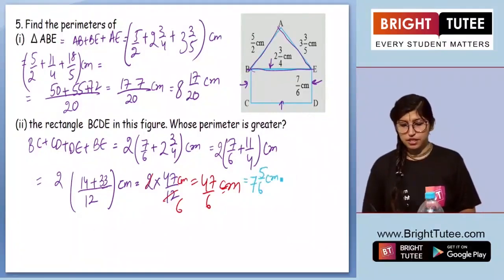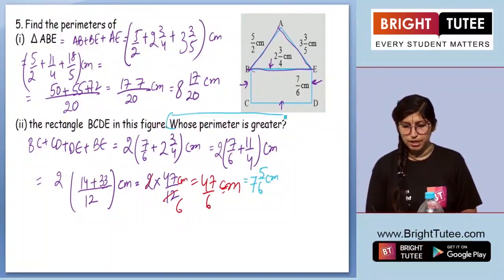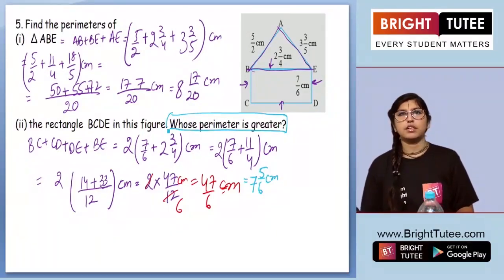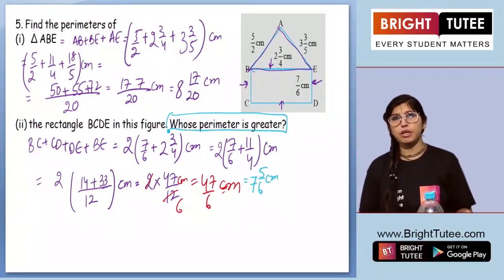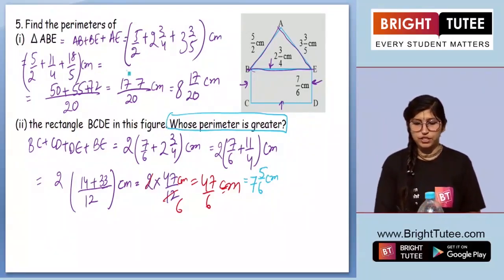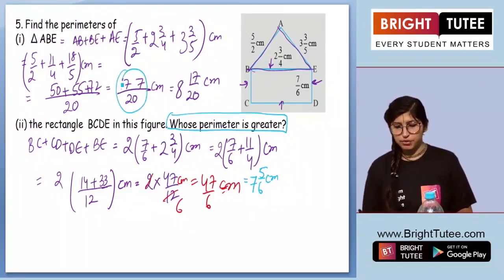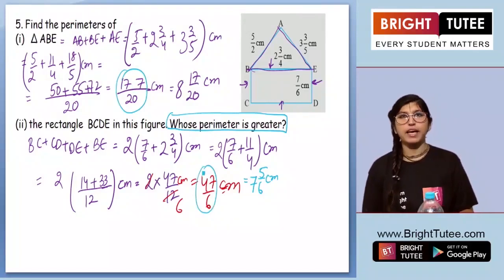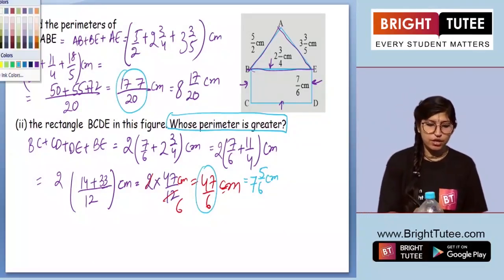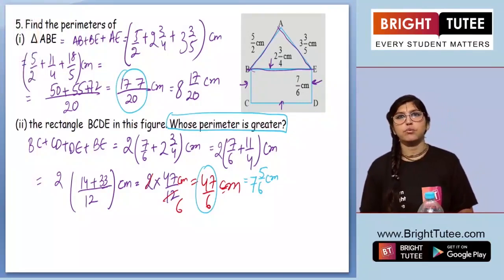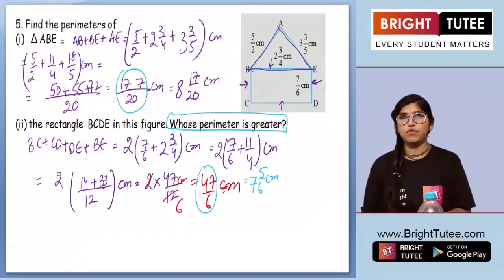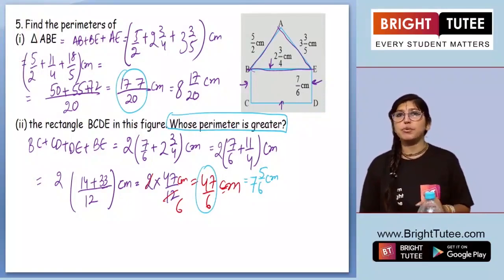Now they've asked the third part, whose perimeter is greater. We have two fractions with us, 177/20 and 47/6. In these two, we need to compare both of them, and to compare we need to convert them to like fractions. Then only we can compare which is greater and which is smaller.